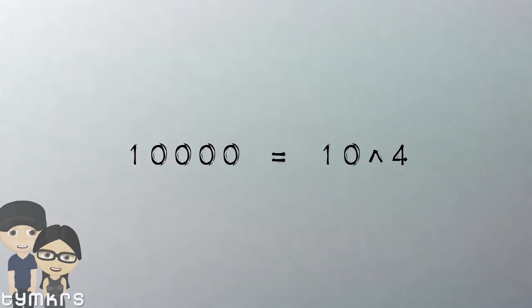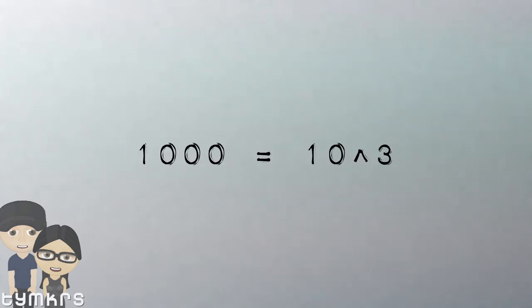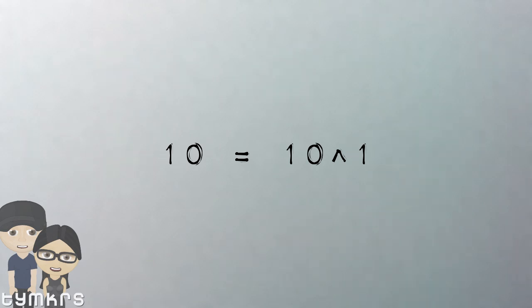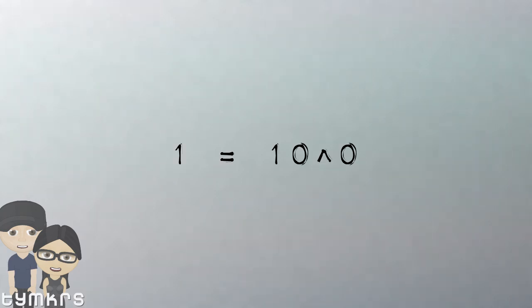So 10,000 is the same as saying 10 to the power of 4, and 1,000 is the same as saying 10 to the power of 3, and 100 is the same as saying 10 to the power of 2, and 10 is the same as saying 10 to the power of 1, and here's where things get useful. 1 is the same as saying 10 to the power of 0.